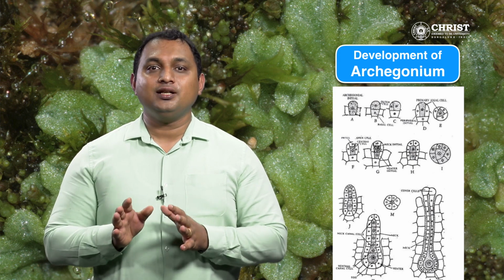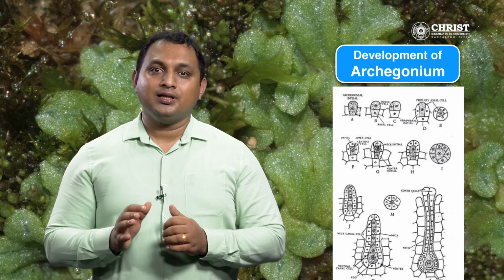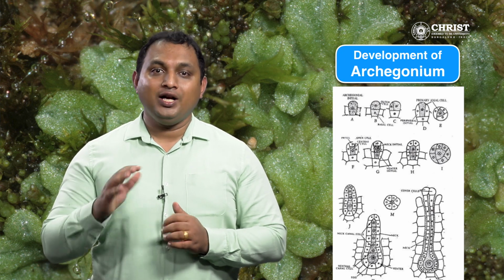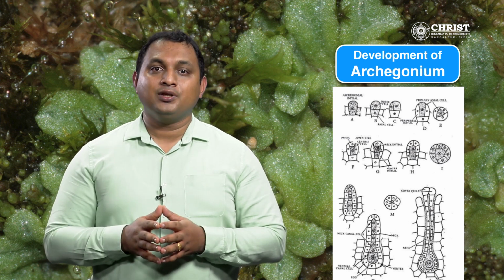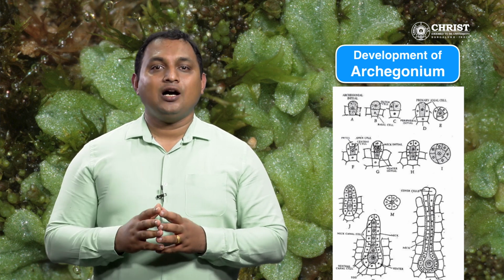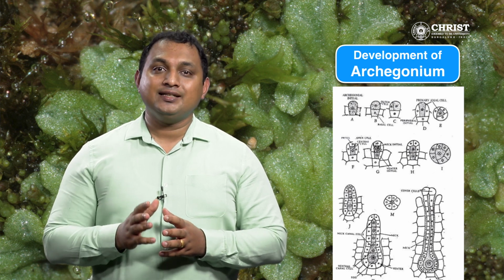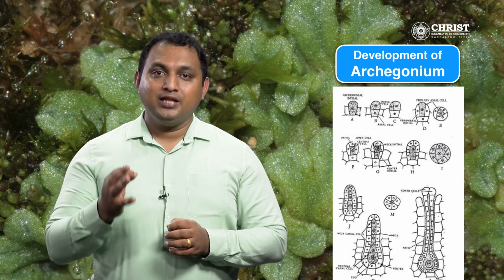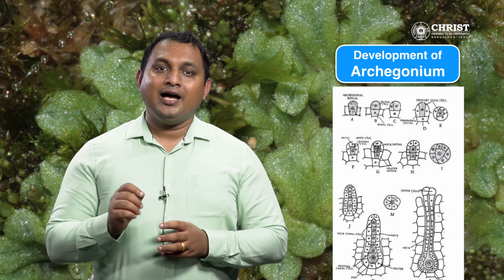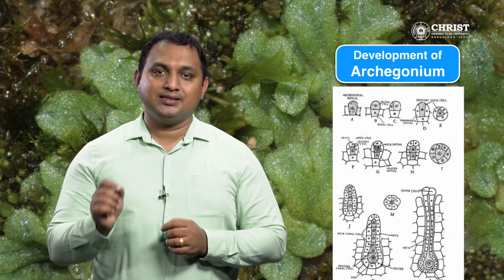There is no further division in the basal cell, and it forms the embedded portion of the archegonium. The entire archegonium develops from the outer cell. This outer cell divides by 3 successive intersecting walls, resulting in the formation of 3 peripheral initials and a 4th median cell, the primary axial cell.